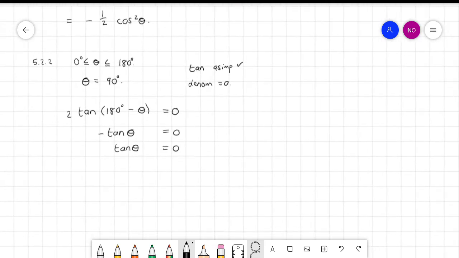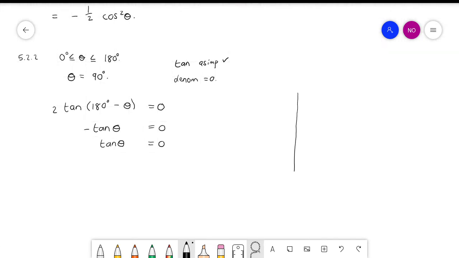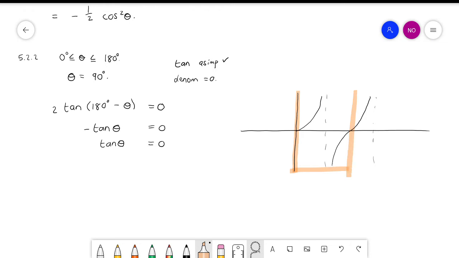Now, if you know your graphs well enough, which I do advise you to do at some point in your life, we are only looking at this part. Okay? So ons het klaar gepraat oor die asymptoot. That's at 90 degrees. We already included that. Now we're looking for places where the graph is equal to 0. In other words, I'm looking there and I'm looking there.